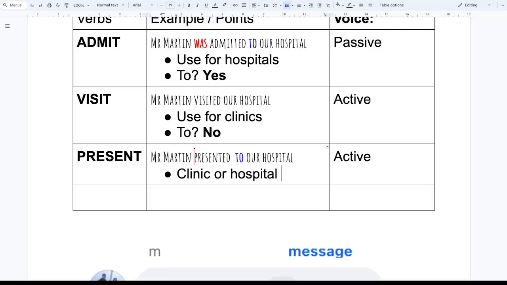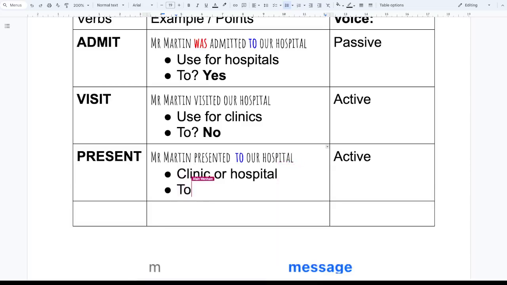So clinic or hospital, we can use both. Do we say to? Yes, we do say to, okay? So it's active voice. You can use it for a clinic or a hospital. Now, why is it active?